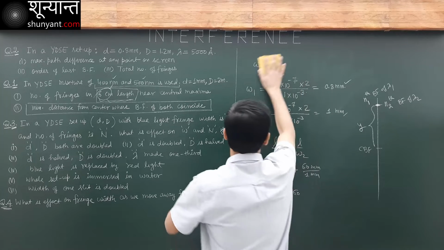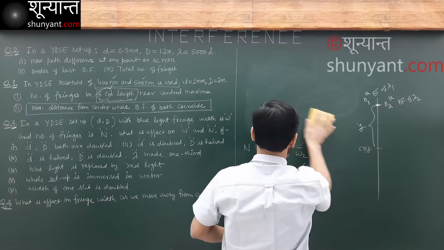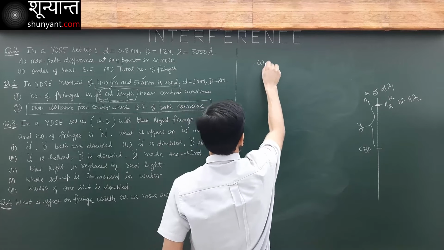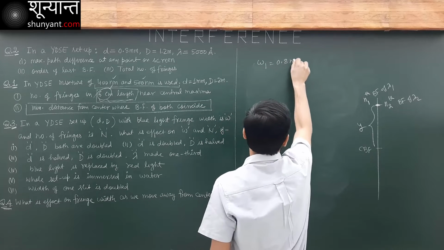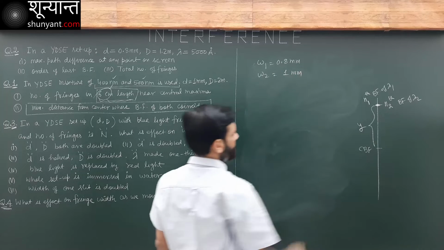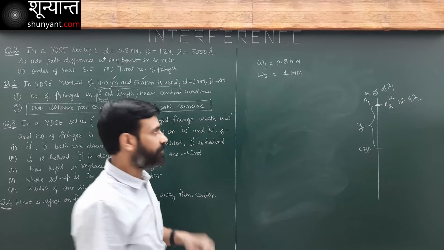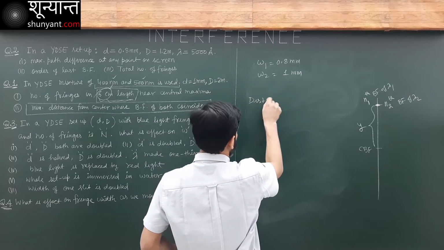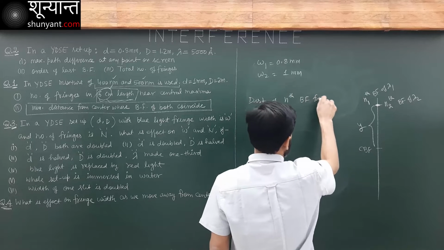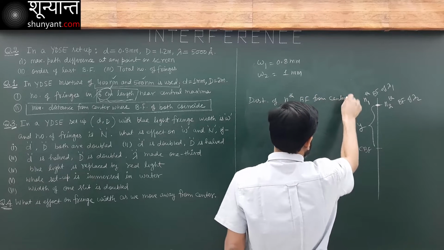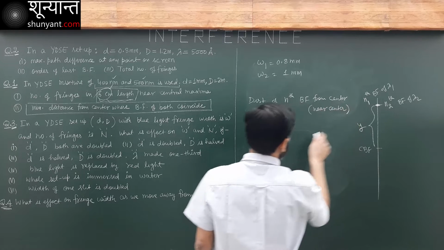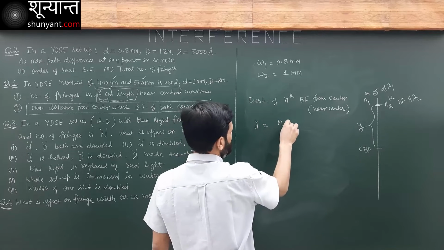Now, what is the distance of the nth bright fringe from the center, near the center? y is equal to n times omega.